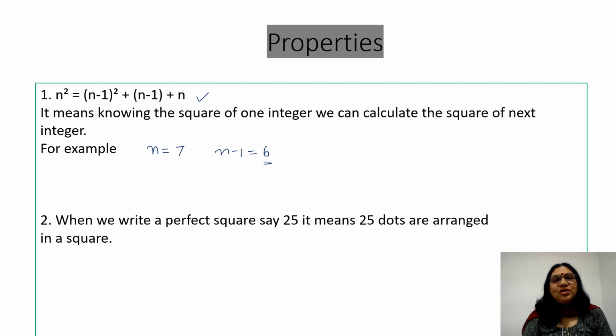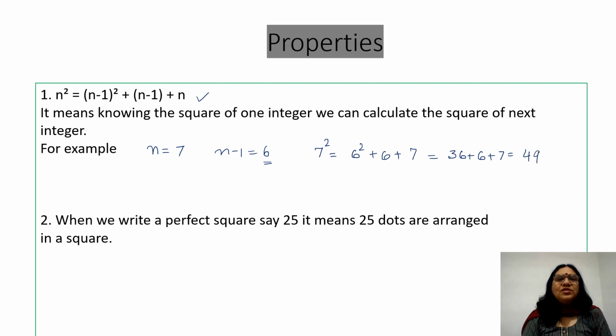How can I calculate? I can substitute n is equal to 7 here. So 7 square would be equal to 6 square plus 6 plus 7. N is 7 and I know the square of 6. So it is 36 plus 6 plus 7 and this is equal to 49.